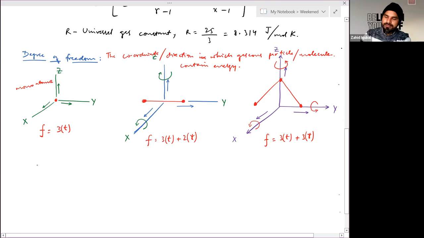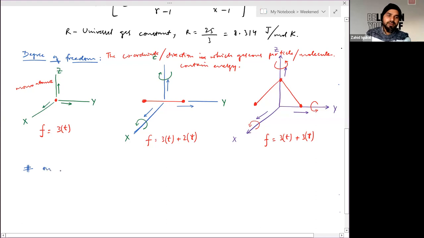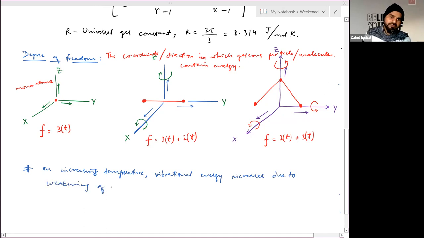Mehreen, any doubt? No, sir. So from this part, we can say on increasing temperature, vibrational energy increases due to weakening of bond.